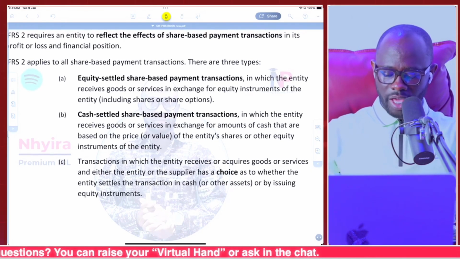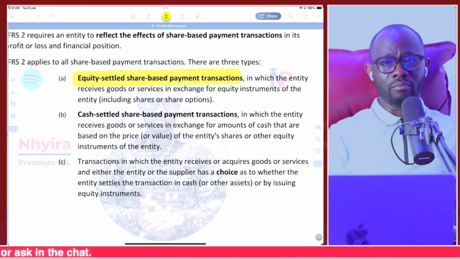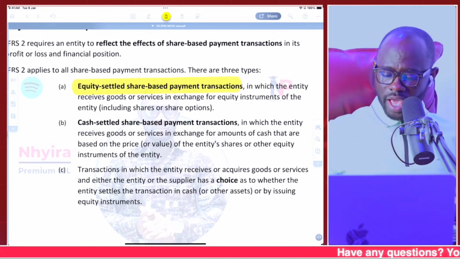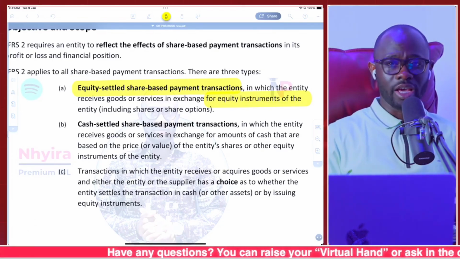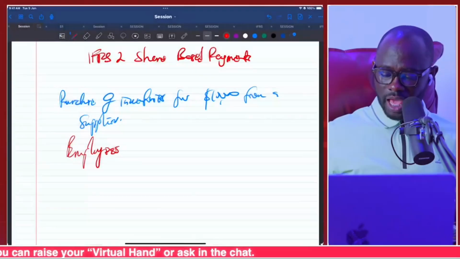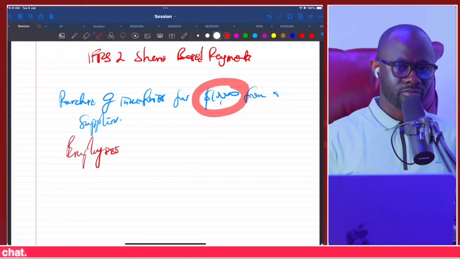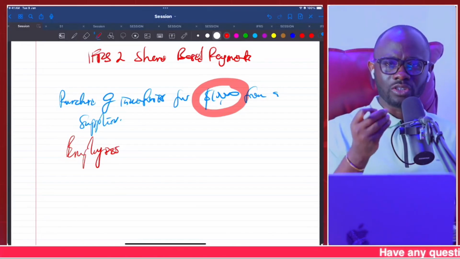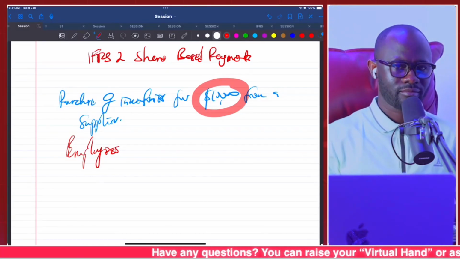So number 1, we have what we call equity settled share-based payment. So this is where we are just paying somebody based on equity shares. So you're not going to get money. So hey, supplier, we won't give you $10,000 cash. We'll give you $10,000 worth of equity shares in our business.